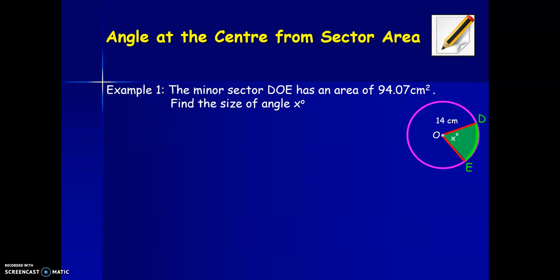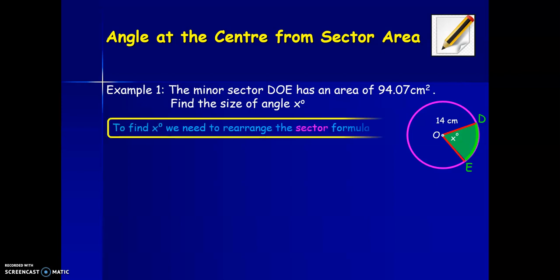Here we have a minor sector DOE, the green shaded area on the diagram, and it has an area of 94.07 square centimetres, and we want to find the size of the angle X. So in order to find X, we need to rearrange the sector formula because we have been given a sector area.